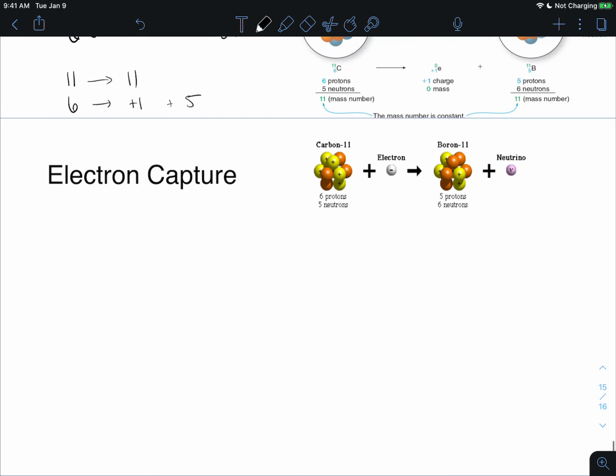Last one we're going to look at is electron capture. Electron capture is exactly that. You're capturing an electron. So instead of an emission of a beta particle, this is the absorption of a beta particle.